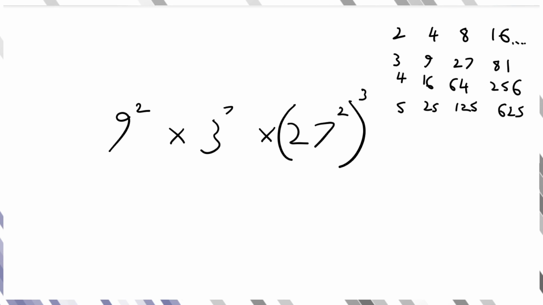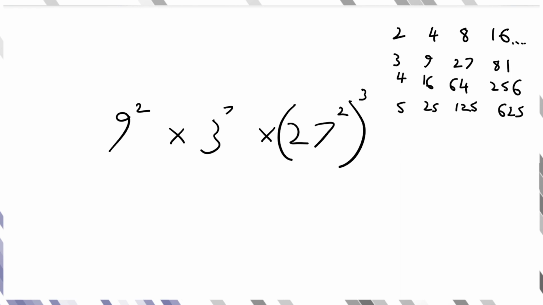I would do that for all of the numbers up to 10, at least up to 10 cubed, but try and remember a good chunk of those, because it's important to be able to recognize that 9, 3 and 27 are all powers of 3 to answer a question like this.